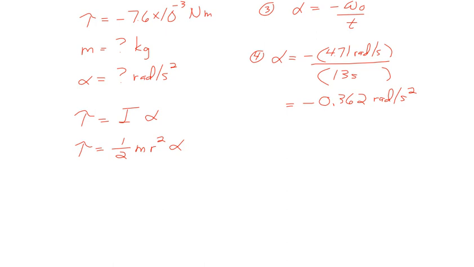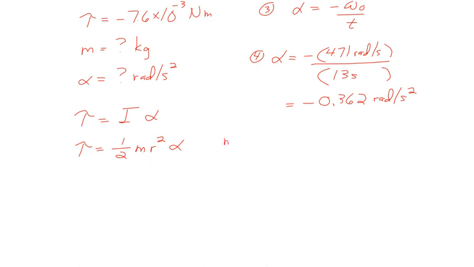If I check things out here, I know what the torque is, I know what the R is, and I know what the alpha is, so I should be able to rearrange this equation to solve for M. I multiply both sides by 2, and then divide by these, and that would get me M by itself.